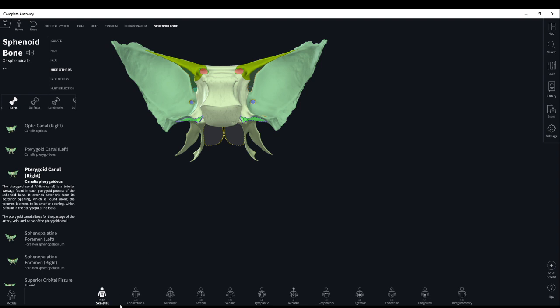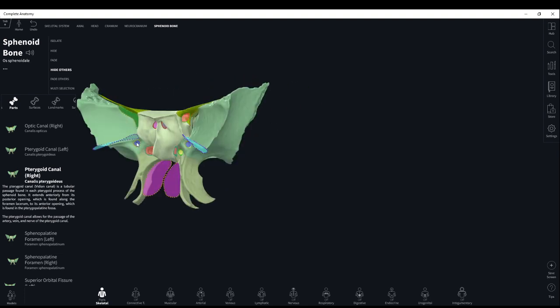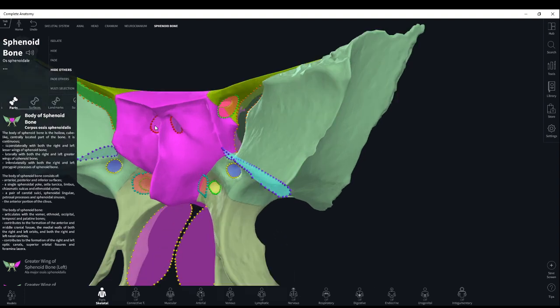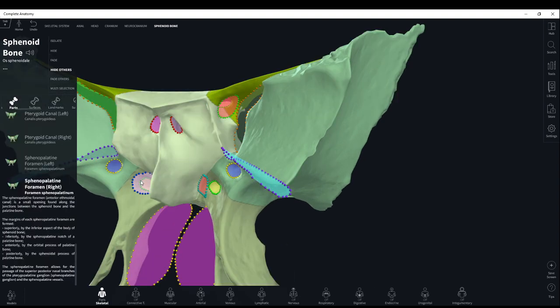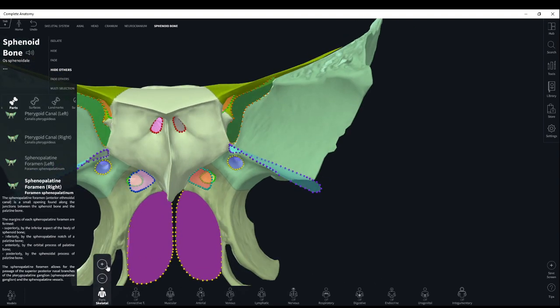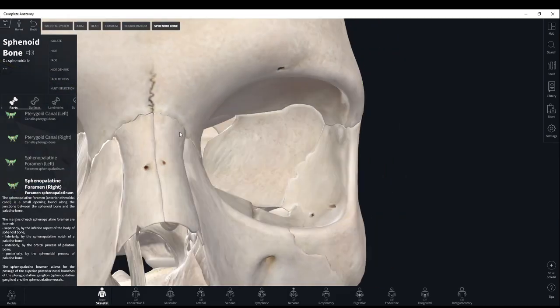That was the sphenoidal bone. The last bone of this topic is the ethmoidal bone.